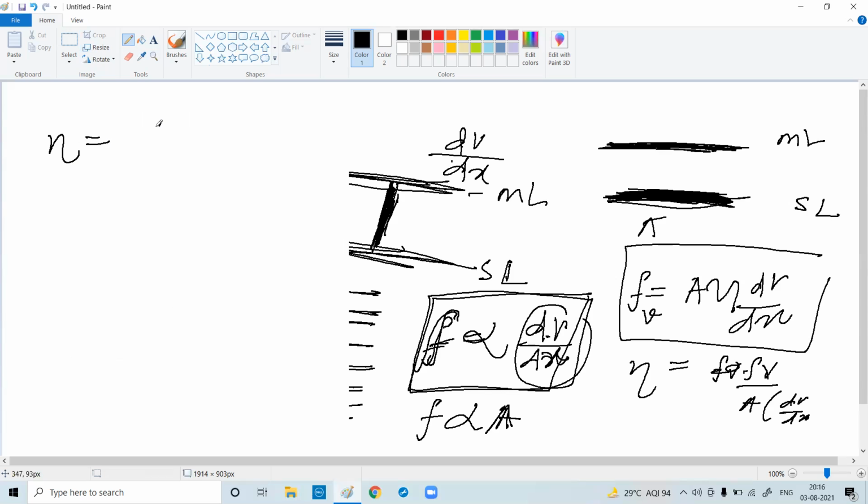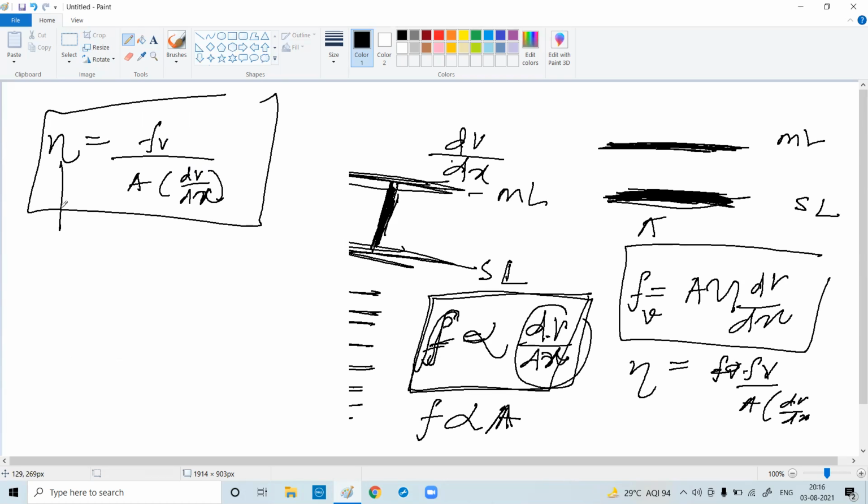Eta equals viscous force divided by area and dv by dx. This is called the coefficient of viscosity, and obviously it's a constant. Understood?